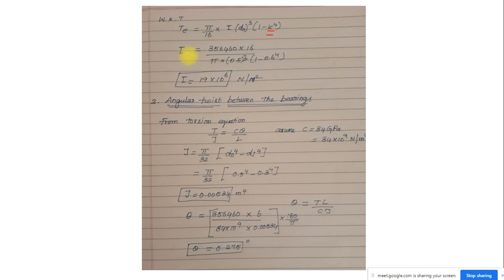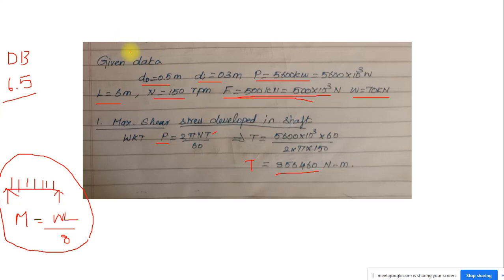After which I am substituting the torque into pi by 16 into d naught cube into 1 minus 0.6 power 4, and I can find out the maximum shear stress. Since the value would be big, I am substituting all the values in meters. So this is the first thing asked to find out: the maximum shear stress developed in the shaft.